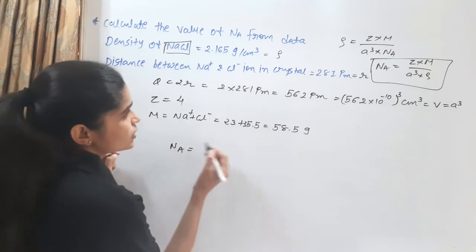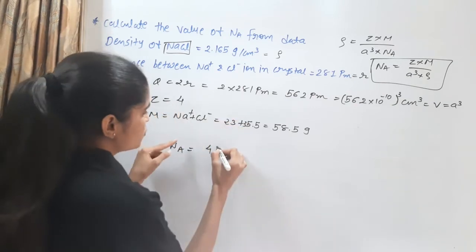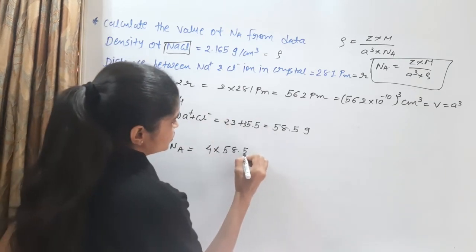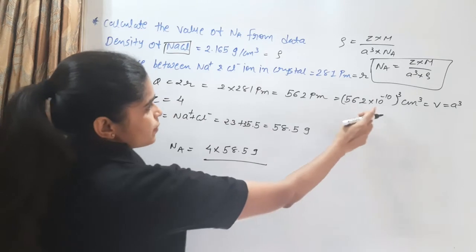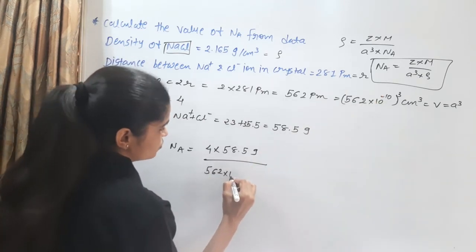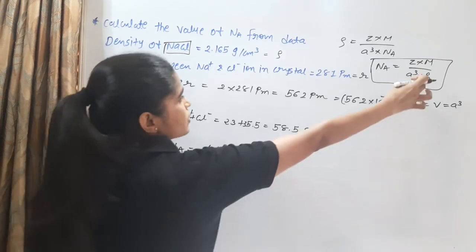Na is equal to Z, which is 4 because of the FCC structure, into M. M given is 58.5 gram divided by A cube, 562 into 10 raised to minus 10 cubed, multiplied with rho.